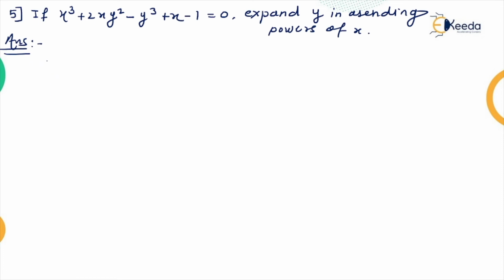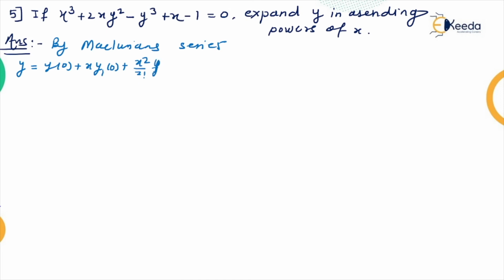Now very clearly, by Maclaurin's series, you know the series expansion of y is: y equals y of 0 plus x into y1 of 0 plus x squared divided by 2 factorial into y2 of 0, plus and so on.